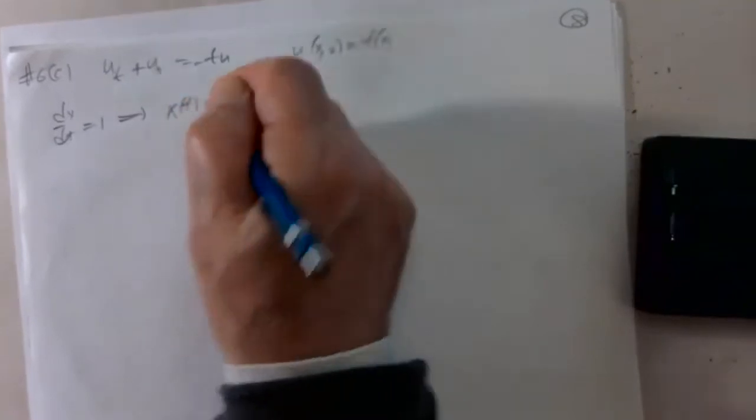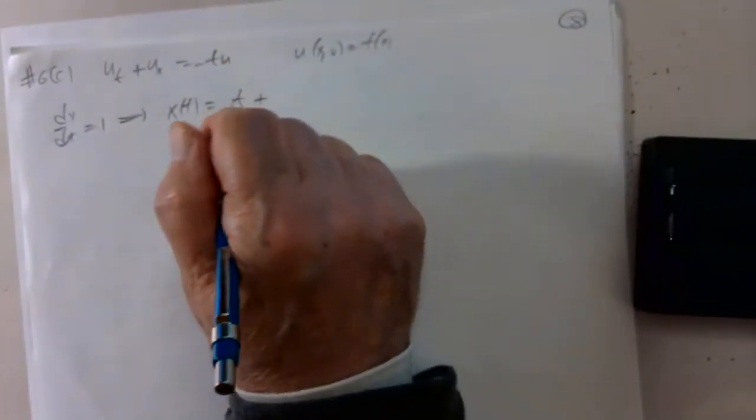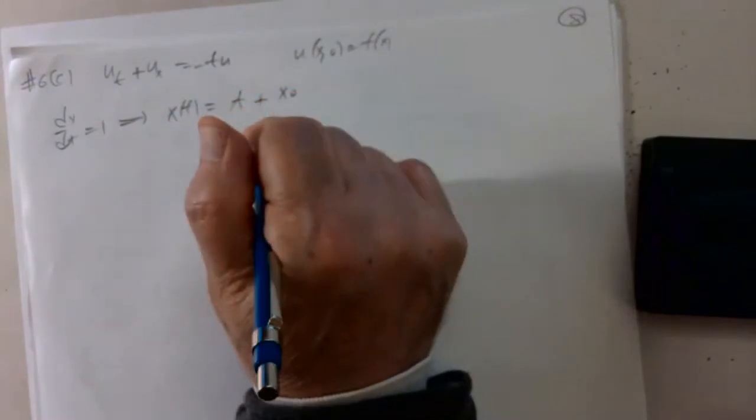So here the coefficient of u sub x is 1. We're just solving dx dt equals 1, which means x of t, when you integrate 1, you just get t plus a constant. And the constant is just the value of the function at 0, which we'll call x0.